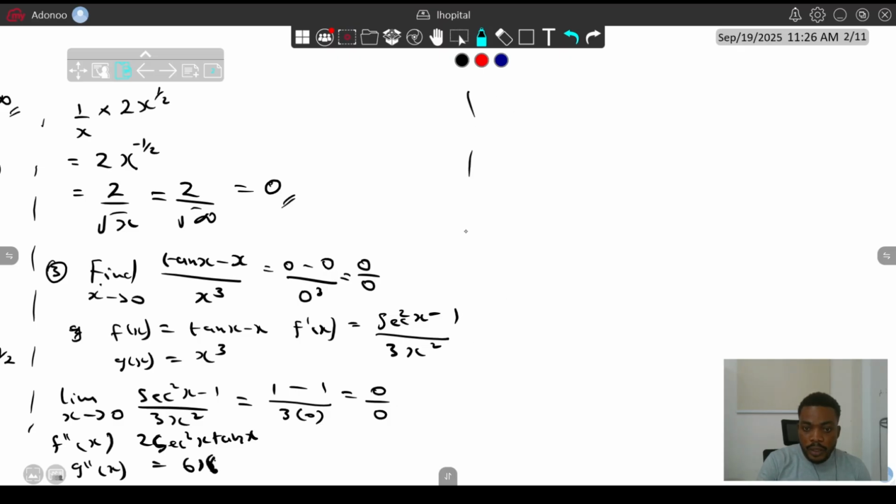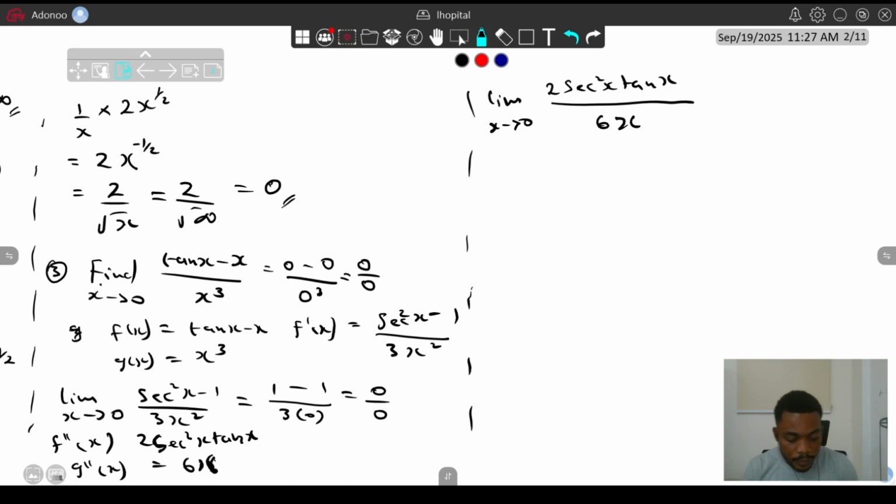So if we put this in the limit form, we have limit as x approaches 0 of 2 sec squared x tan x over 6x.